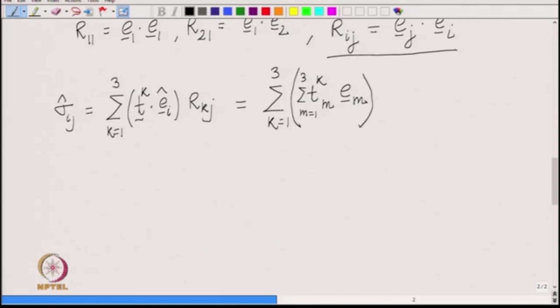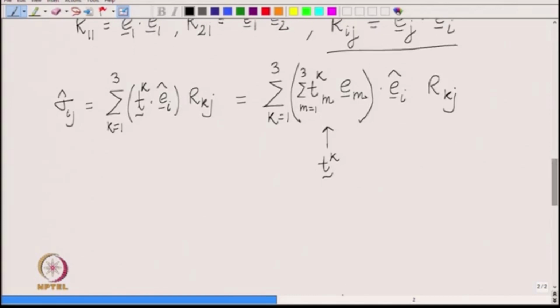So, this thing within the bracket is basically the vector Tk expressed in the E1, E2, E3 coordinate system. So, we have Tkm Em, all right. This thing within the bracket is vector Tk, and then this has to be dotted with Ei hat, right, and then further multiplied with Rkj.